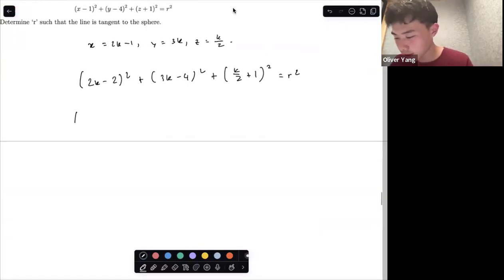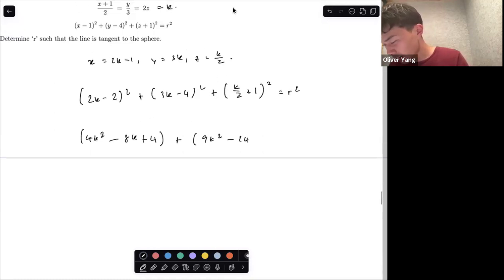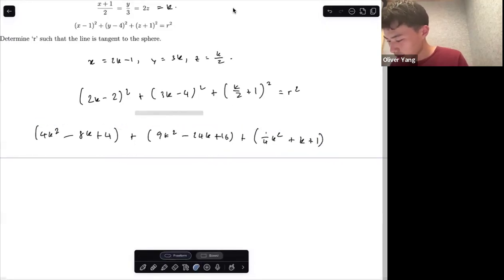These are all perfect squares, so 4K squared minus 8K plus 4, plus 9K squared minus 24K plus 16, plus K squared on 4, so 14K squared plus K plus 1, I think, equals R squared.